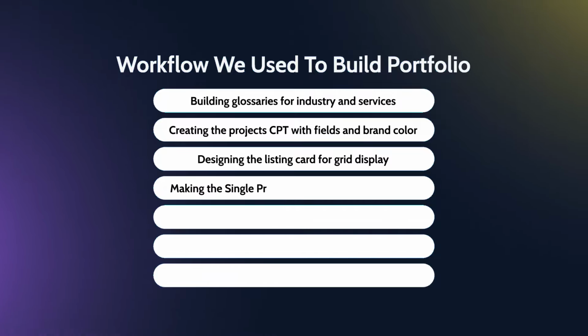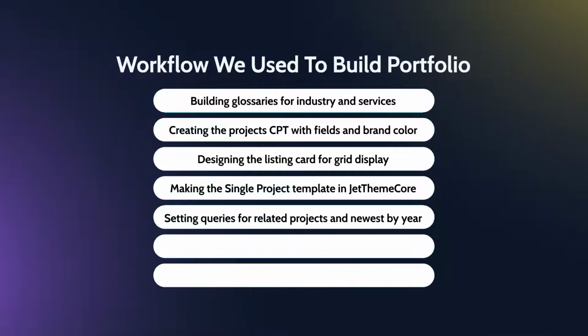Next, we used JetThemeCore and made the single project template, header, body, and footer, and in the body we dropped in all the dynamic fields and nested a listing grid. We set up two queries, one for filtering related projects by industry applied to the listing inside the project template, and one that orders by year for quick latest first lists, applied to a simple list via the dynamic repeater.